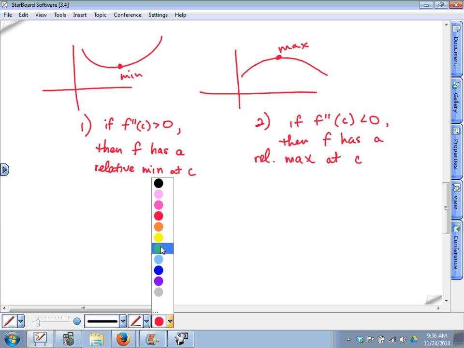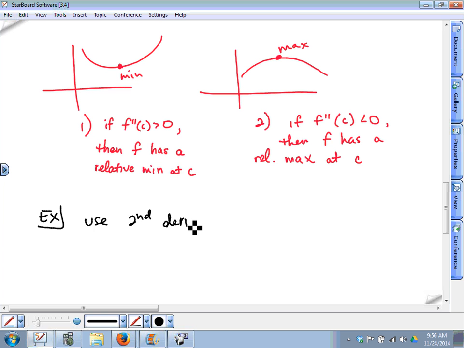This will probably be our last example, and we're going to use the second derivative test. Ooh, this one's an easy one.